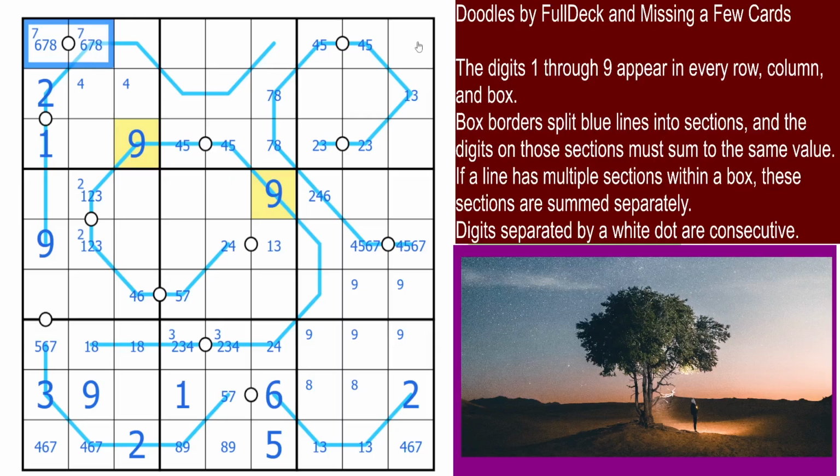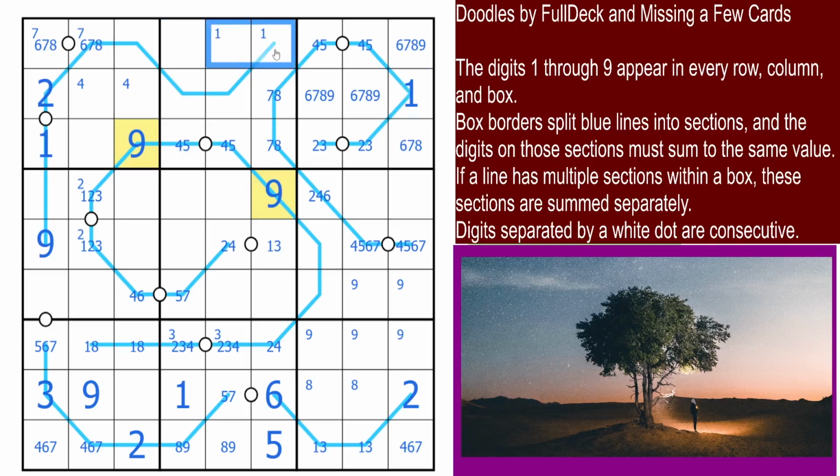So 7 is not here. Oh, these are 6, 7, 8, 9, right? That's not 1, 3. Sorry, that's 1, 5. These are 6, 7, 8. That's not 9. Not 1, 5. Sorry. That's only 1, is it? Yeah, that's 1, right? Yeah, 2, 3, 4, 5. So 1 has to be here, right?